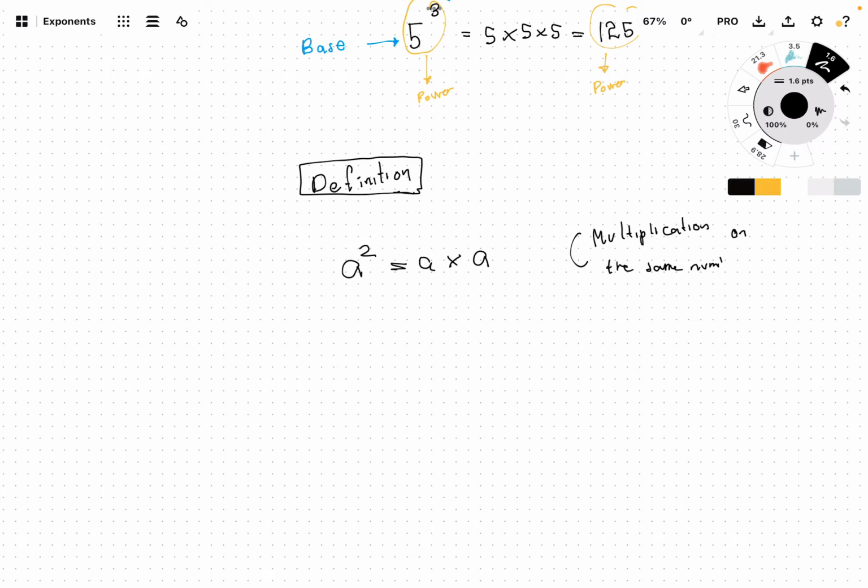Or you could think of it as two of the same number multiplied together. But the key idea is repeated multiplication of the same term.